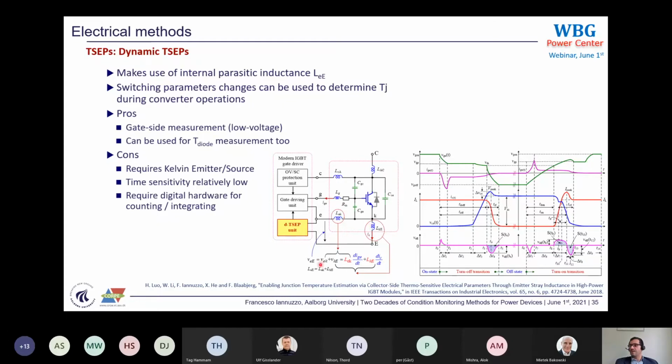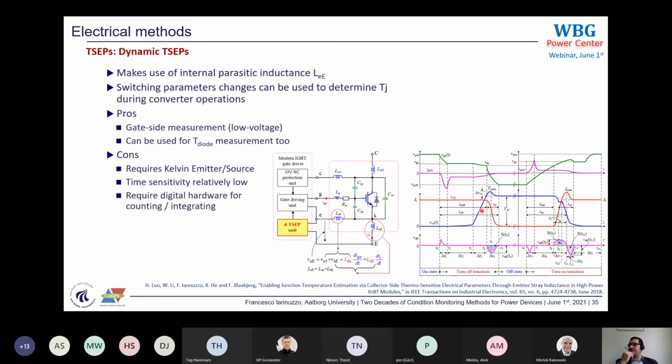So you can see the total voltage can be written as the summation of this voltage drop here, this inductive voltage drop here, and this inductive voltage drop here. But the interesting thing is that during normal operation, you can see here a sequence of turn off first and turn on. So you can see the current here, turn off, turn on, and the voltage, turn off, turn on.